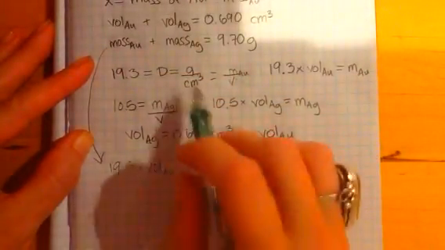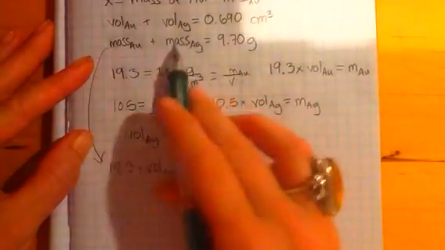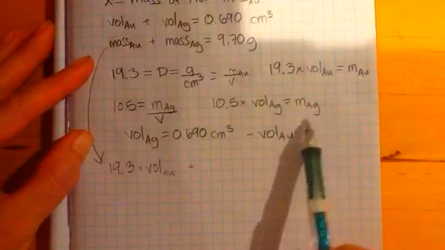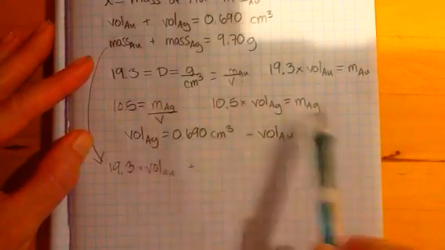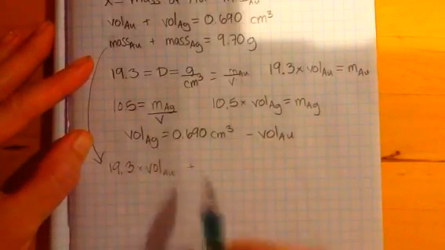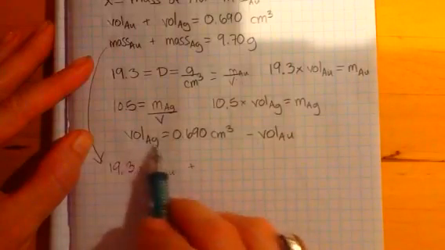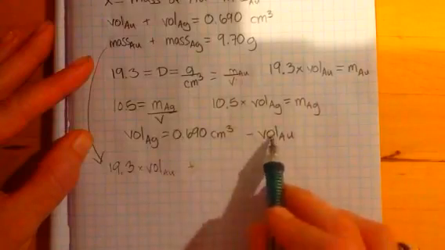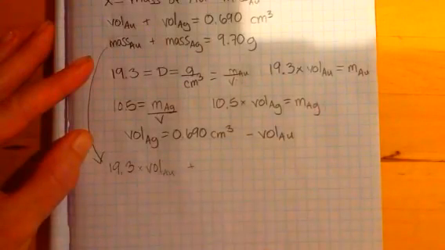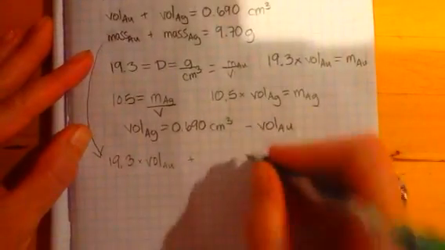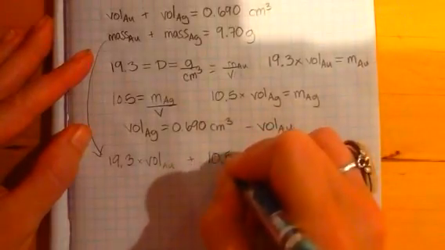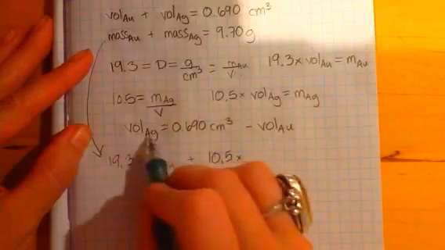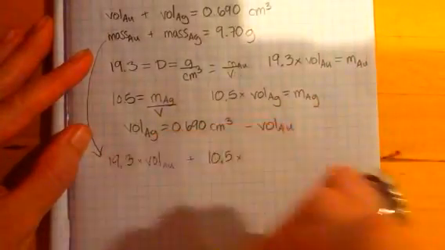And then now I'm going to put in for finding the mass of silver, which we also rearranged to figure out here, but then we rearranged it again in order to figure this one out. So the volume of silver is also going to be equal to this. So now we have only one variable. We're using what we call the substitution method. So we end up with 10.5 times, we're going to put this whole thing in there for the volume of silver.